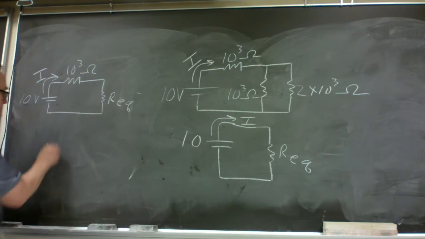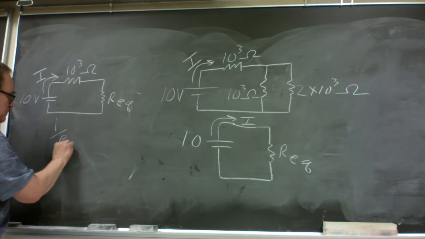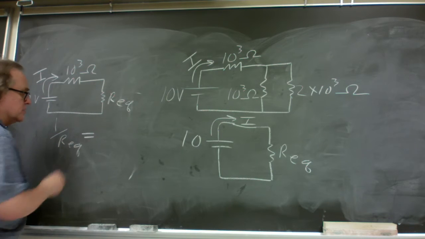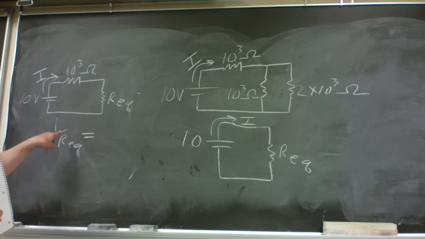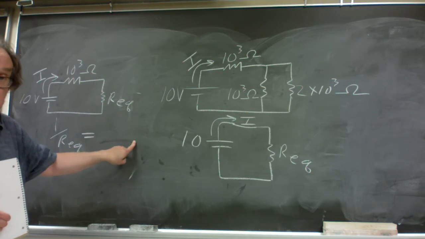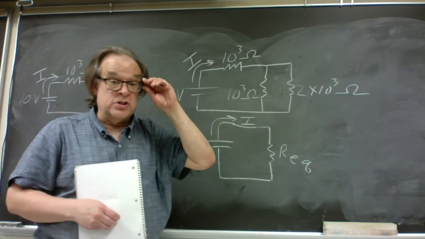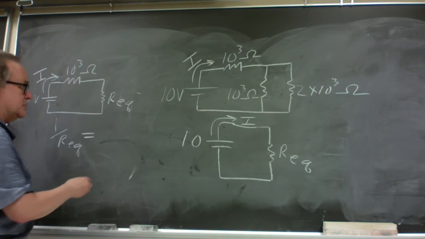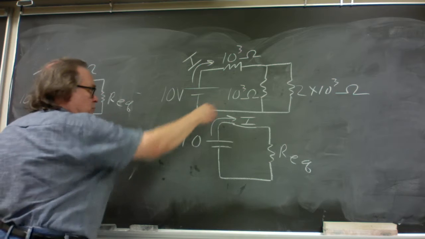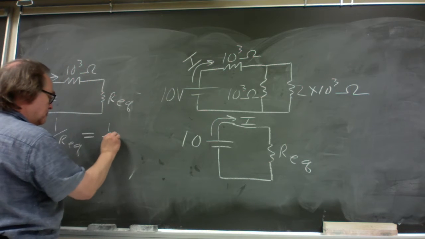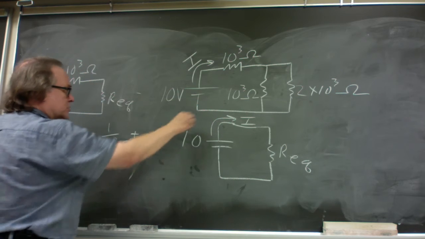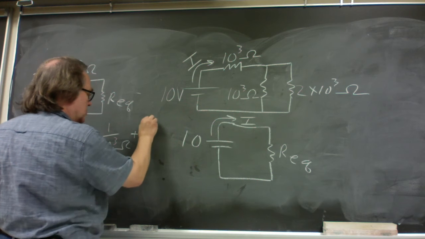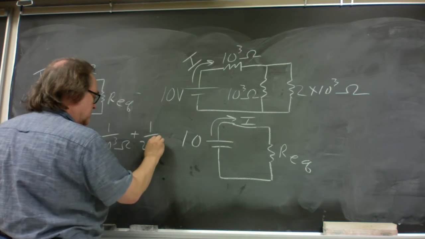The rule for equivalent resistance of resistors in parallel is that the inverse of the equivalent resistance is the sum of the inverses of the original resistances. So 1 over that resistance, 10 to the 3, plus 1 over that resistance, 2 times 10 to the 3.